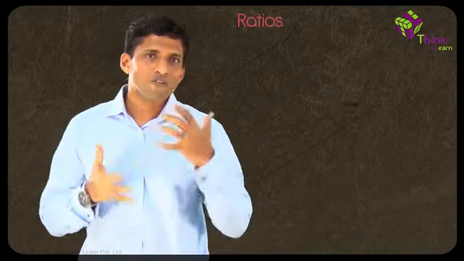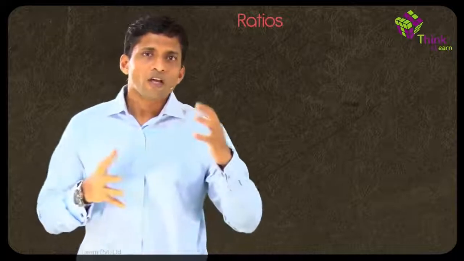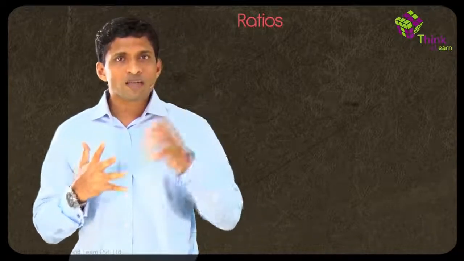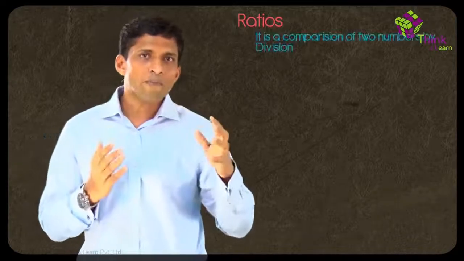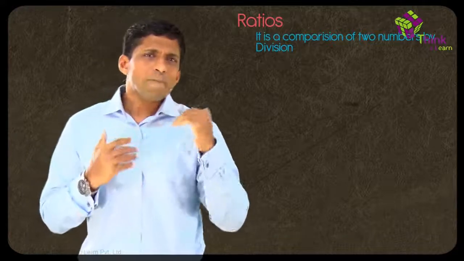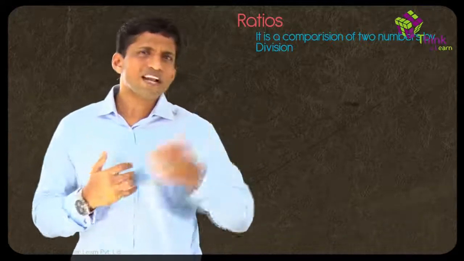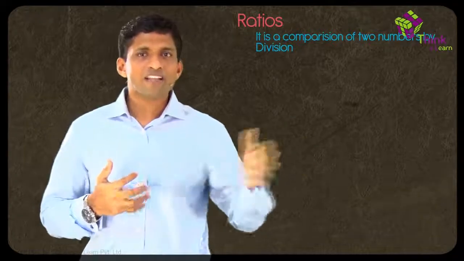Now, since you know this very well, the next concept is ratios. Again, you have done a lot of questions before based on ratio. Ratios are nothing but, you must have seen this definition, a comparison of two numbers by division. Now, comparing numbers, most of us relate with signs like equal sign, less than, greater than.